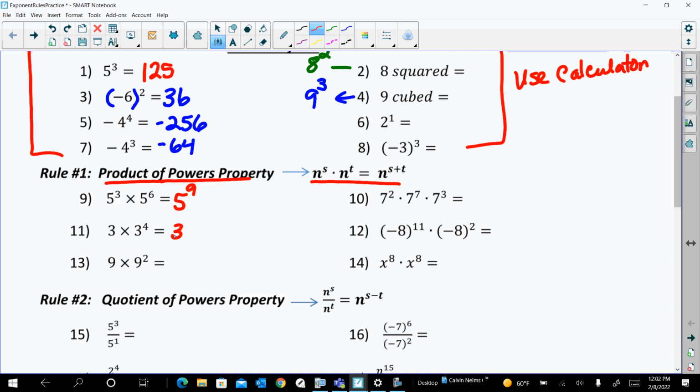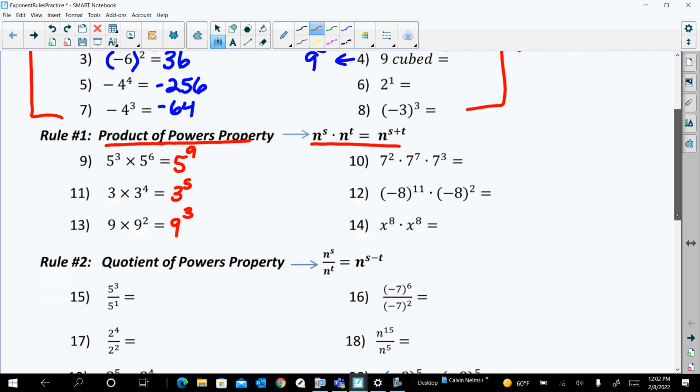This would be 3 to the 5th power, and 9 to the 3rd power. That's all we're doing. It's simplifying using that rule. If your base is in parentheses, keep it in parentheses. I don't need the numerical answer here.